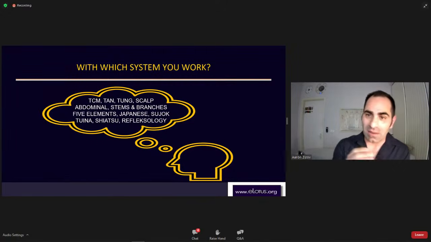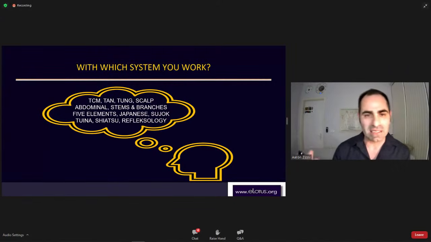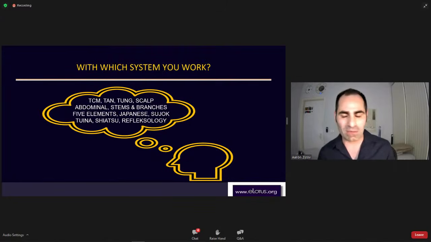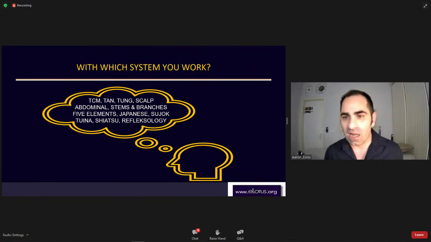Maybe Tan or balance method will be good. In other cases, maybe just working with the binomials or with the astrology map or stems and branches, or specific points which are opening at certain times, and maybe scalp is better.